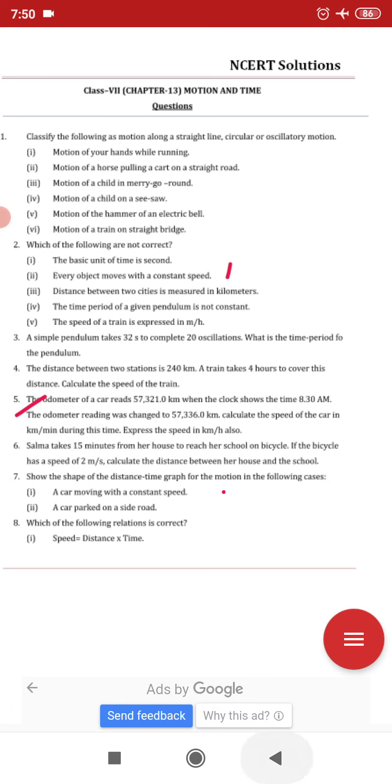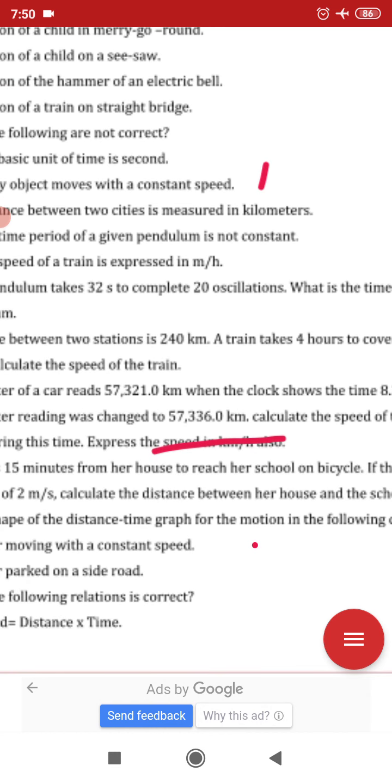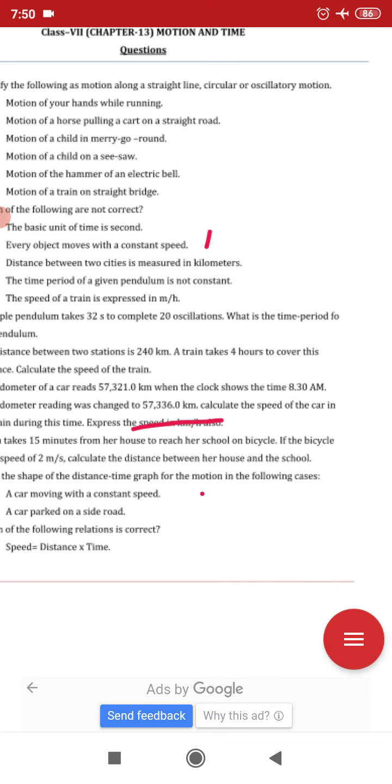The odometer reading then changed to 57,336 kilometers, and the time, which has not been given here, is 8:50. So when the time is 8:30, the reading is 57,321, and when the time is 8:50, the second reading we are getting is 57,336.